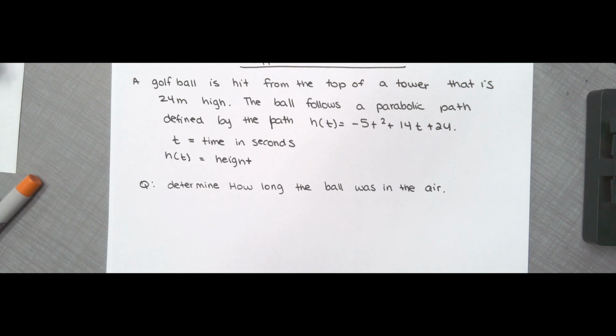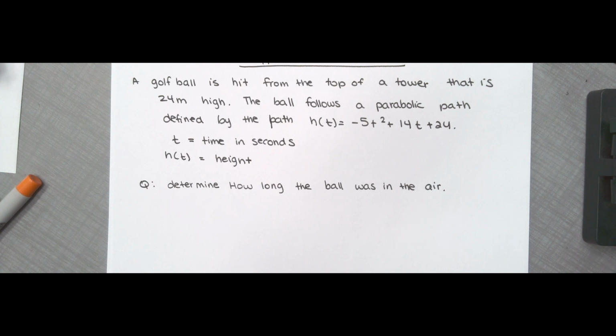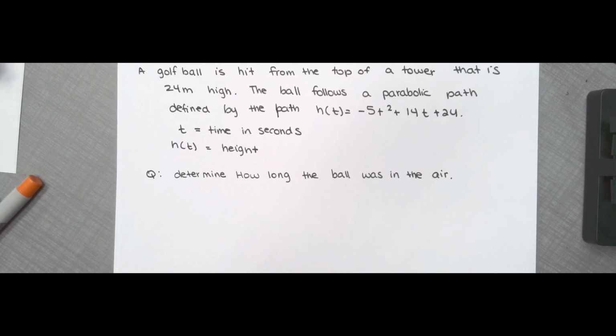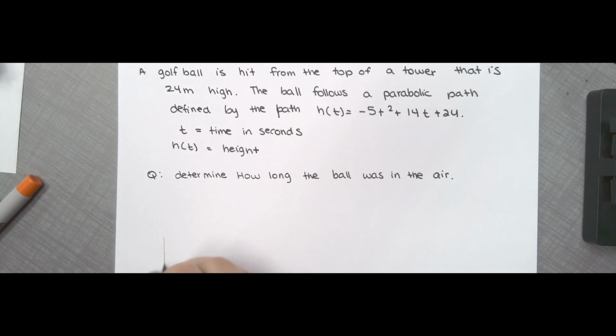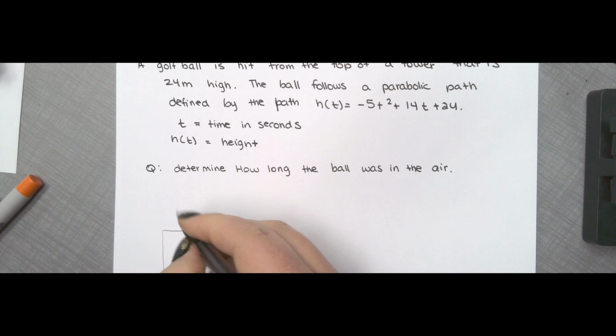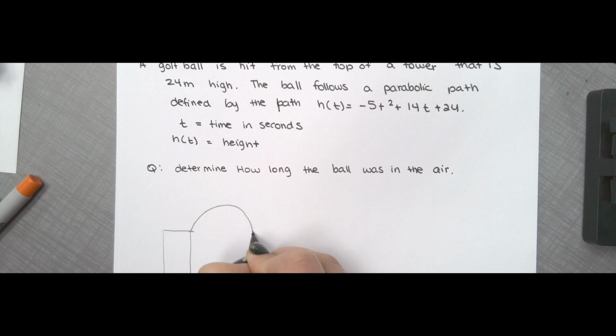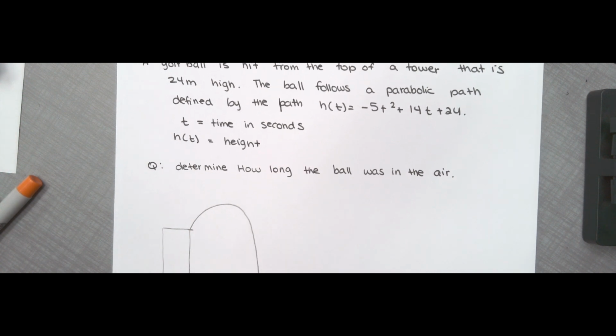Okay, let's go ahead and draw this out and see what we have. Now, on the test, I do not need to see a picture. That's okay. I just want you to know kind of what's going on. So we have a tower. Here's a tower. And a ball was hit off of that tower, looking like a parabola, and eventually it hits the ground.